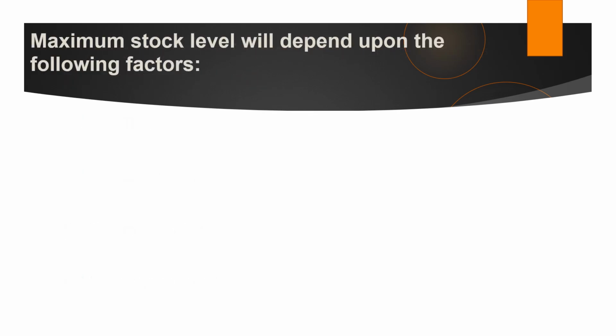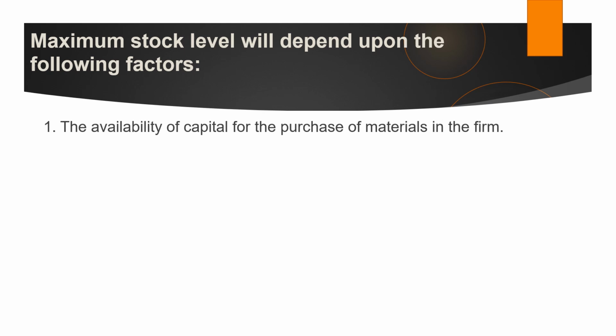Let's see what are the factors which will decide the maximum stock level of a firm. The first one is the availability of capital for the purchase of materials in the firm. If we have adequate capital, then we can have a larger amount as the maximum stock level. If not, we have to reduce the stock level based on the availability of the capital.